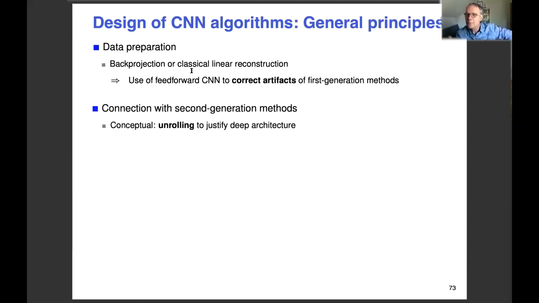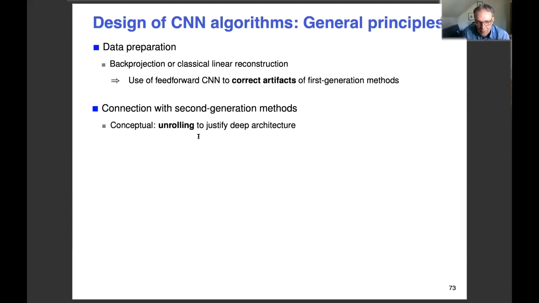Somehow here we skipped all the development that we told you about, all this nice thing with iterative ADMM. And in fact, the people who started using neural networks after the feed forward, like what Young was doing, made a connection with second generation methods.